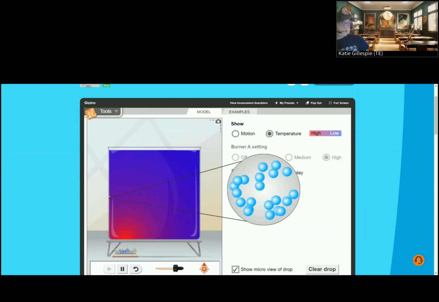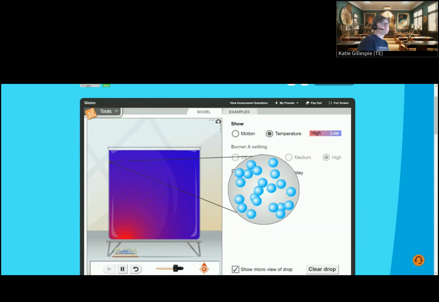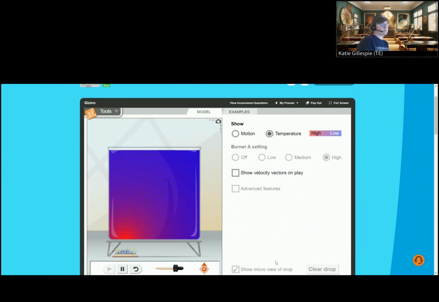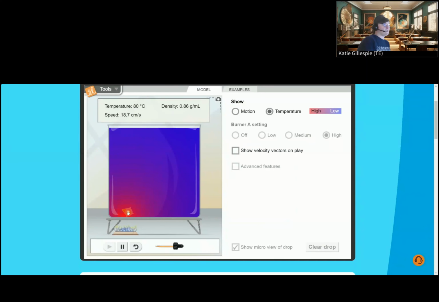Number 4, click clear drop and add the probe. Very important process here. Add the probe, and we're going to look at the relationship between temperature and density. The probe's down here at the bottom. You can see temperature is 92 degrees Celsius. Check out the density over here.